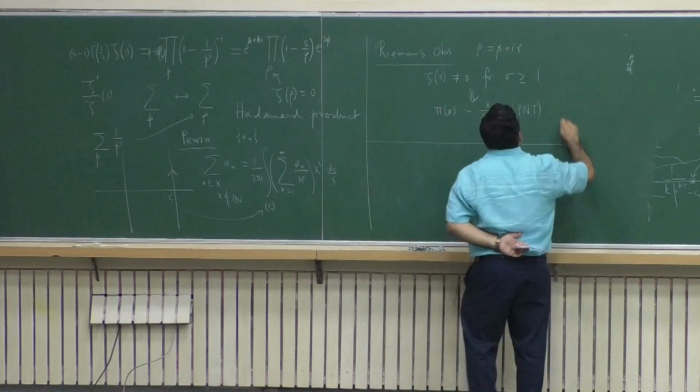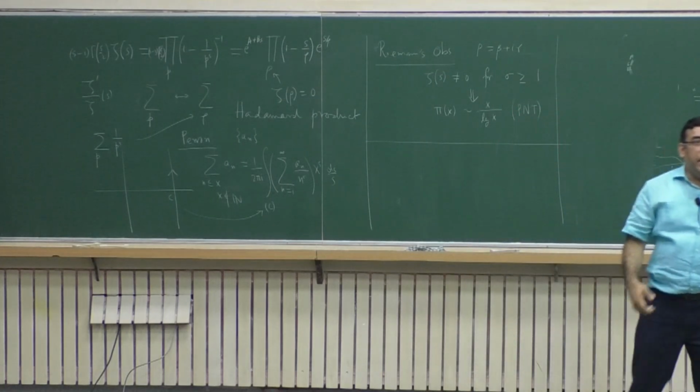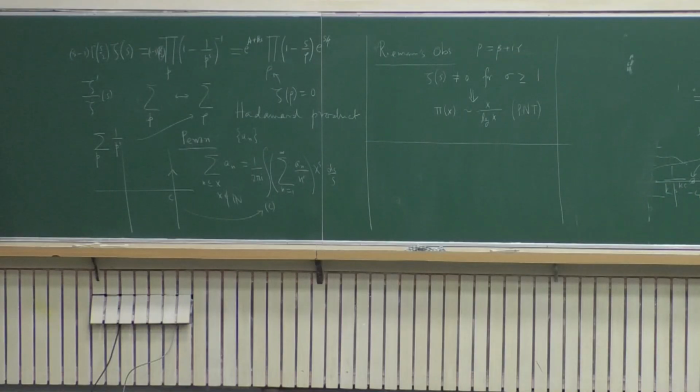Riemann wrote an 8-page paper on this observation. That introduced the zeta function as a function of a complex variable. He proved that it is a Mellin transform of a theta function. From that, he concluded that it has an analytic continuation. He also concluded that it has a functional equation like this.